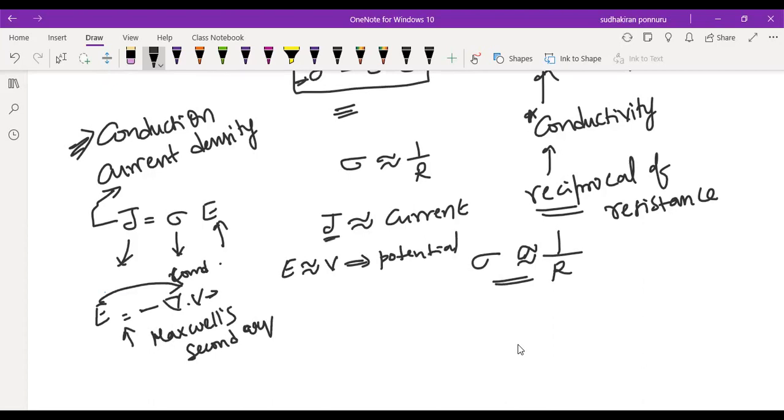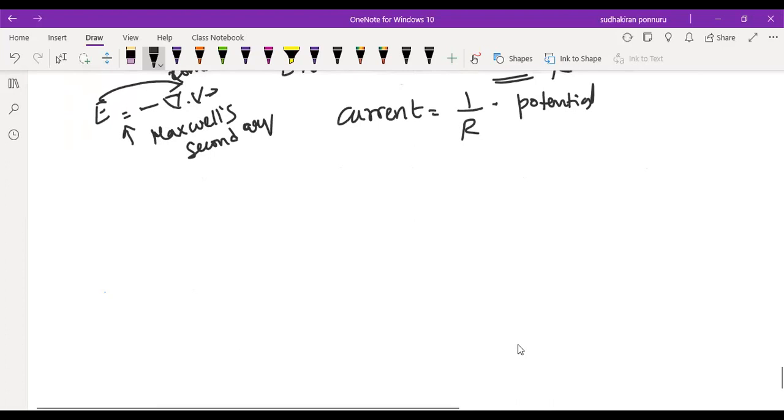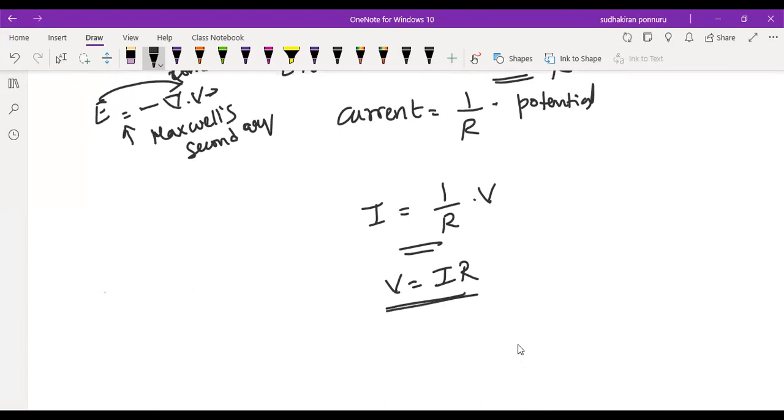So here J is current. Current is equal to 1 by R, in place of sigma I am writing 1 by R, and in place of V I am writing potential. So in which form is it? I is equal to 1 by R into V. If you rearrange this, V is equal to I into R. Have you seen this expression before?